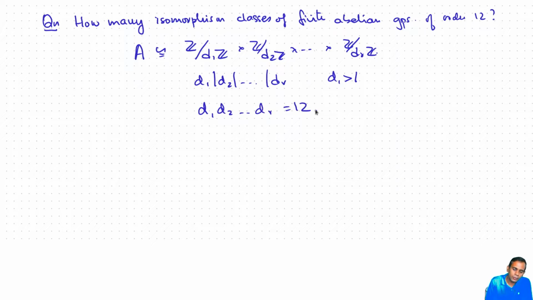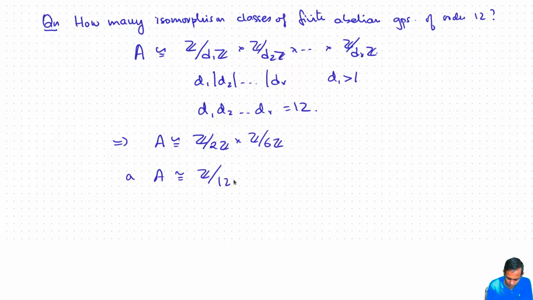If you think about this, you will see that there are only two possible solutions. The first is A is isomorphic to Z mod 2Z cross Z mod 6Z, and the second is that A is isomorphic to Z mod 12.